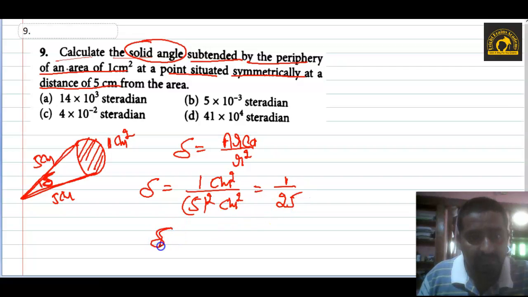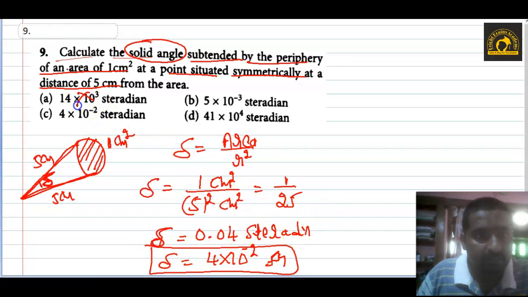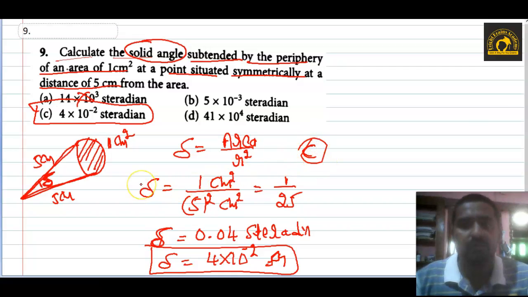So the solid angle is equal to 0.04 steradian. So the final answer is 4 into 10 to the power of minus 2 steradian. Option C is matching and is the correct answer for this question.